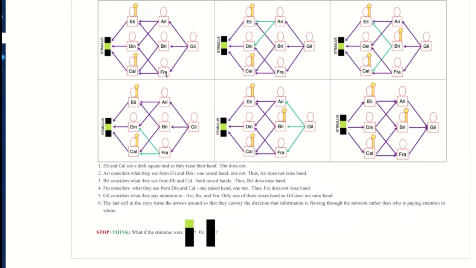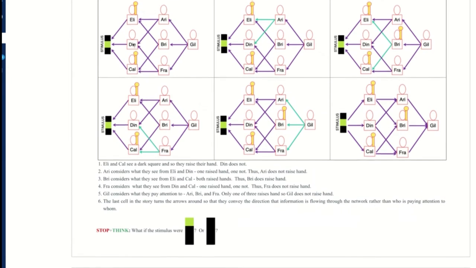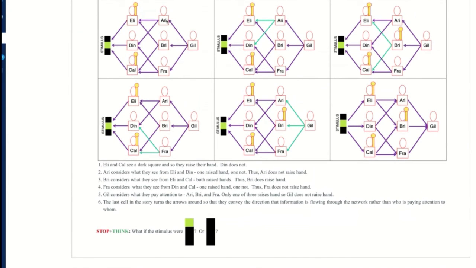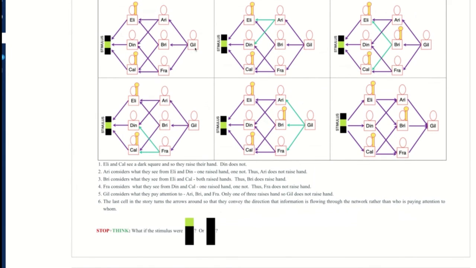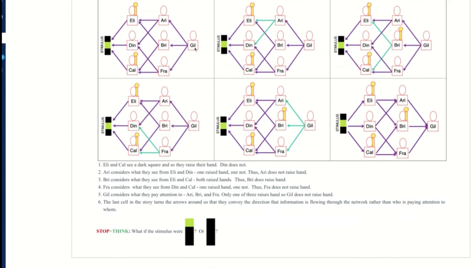And then Fra raises their hand, because Fra is the one who looks at those 2. If all 3 of them are black, then Eli, Din, and Cal raise their hands, and then Ari, Bree, Fra, and Gil raise their hands. And so all of a sudden, yes, we see the pattern.